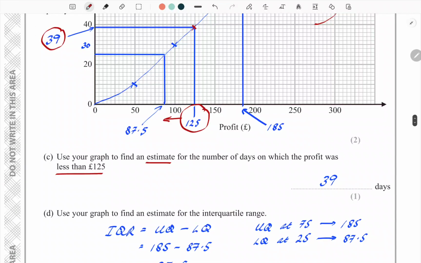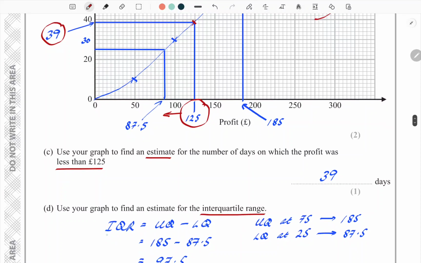Okay, and then it says, use your graph to find an estimate for the interquartile range. The interquartile range, abbreviated IQR, equals the profit value for the upper quartile minus the profit value for the lower quartile.